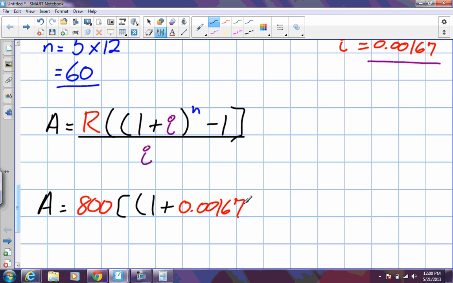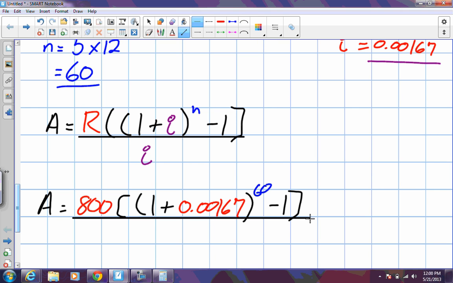The number of periods this occurs for is 60 over the life of this annuity. And we're going to have to divide again by that interest rate, 0.00167. So from this point, it's just simply calculating.